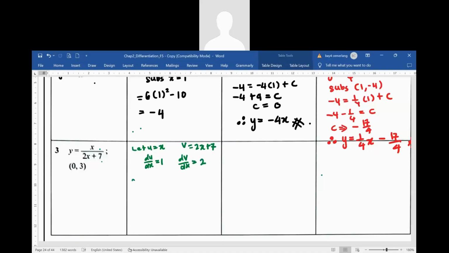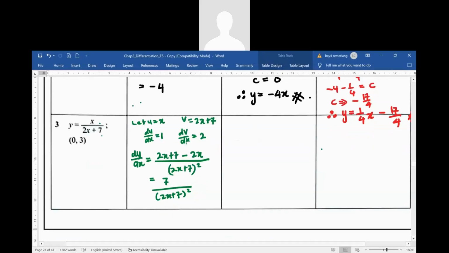So to find your dy/dx, it's a quotient rule. Start from your v, 2x plus 7 multiplied by 1, no need to write, minus 2 times x, 2x, over v squared, (2x plus 7) squared. So the answer: 2x cancels, so you get 7 over (2x plus 7) squared.